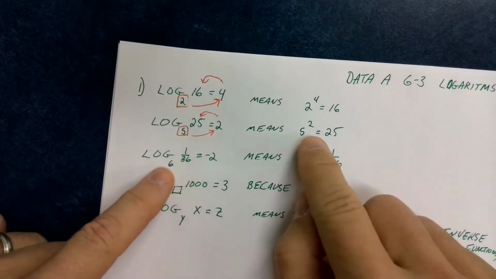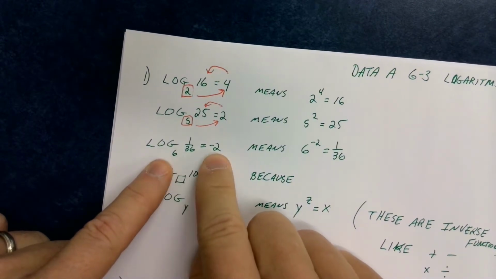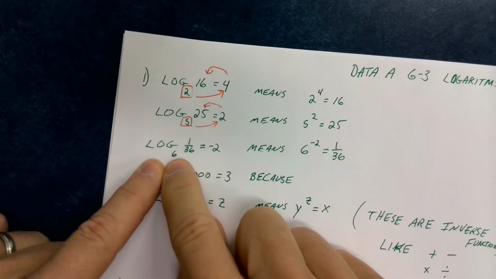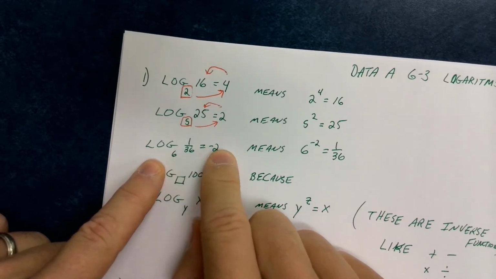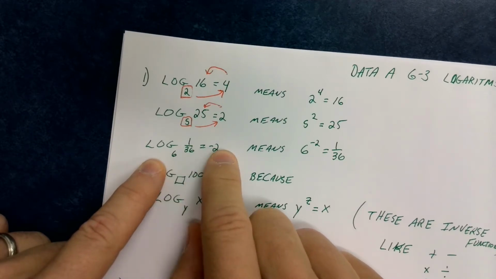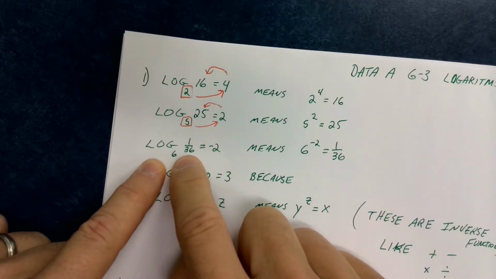Now, got it. So what happens here? Well, now I've got an answer of this logarithm that's -2. So, ooh, that's weird. But again, base is 6, so 6 to the -2 power does equal 1 over 36, because you know 6 squared is 36, right? And a negative exponent puts the number in the denominator.